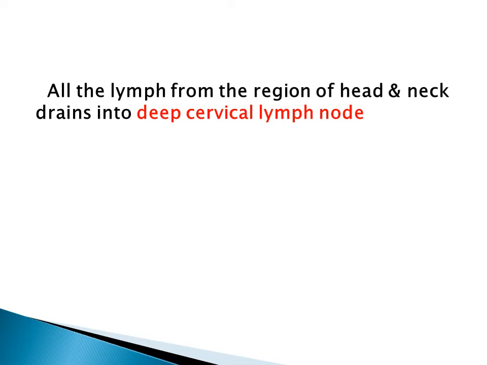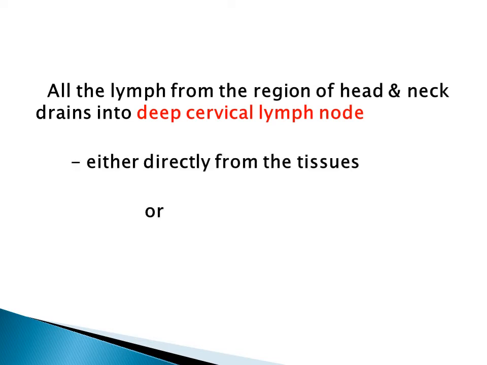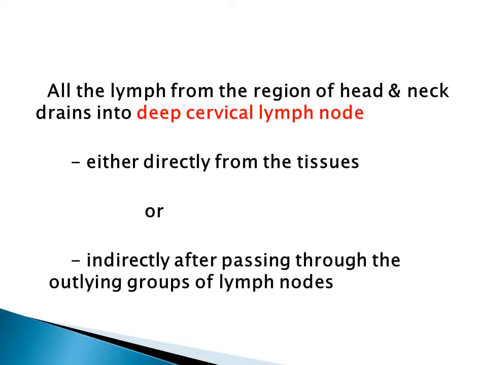All the lymph from the region of the head and neck. Okay, so from wherever it is, whichever node it is, whichever region it is, all the lymph will ultimately drain into the deep cervical lymph node. So this drainage can either be direct or indirect. Direct drainage means from various parts of the head and neck region, the lymph will come and drain directly into the deep cervical lymph nodes.